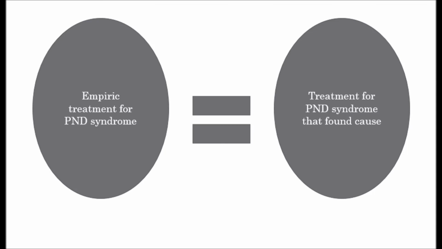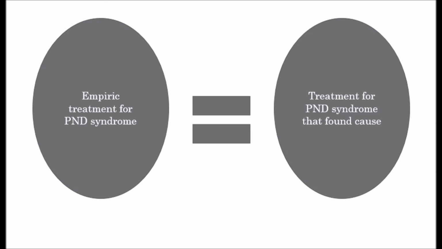In 22 patients with unexplained causes, VAS improved in 16 patients when they were treated for PND syndrome, and 39 of 48 patients who were treated after the cause of PND syndrome was found showed VAS improvement.